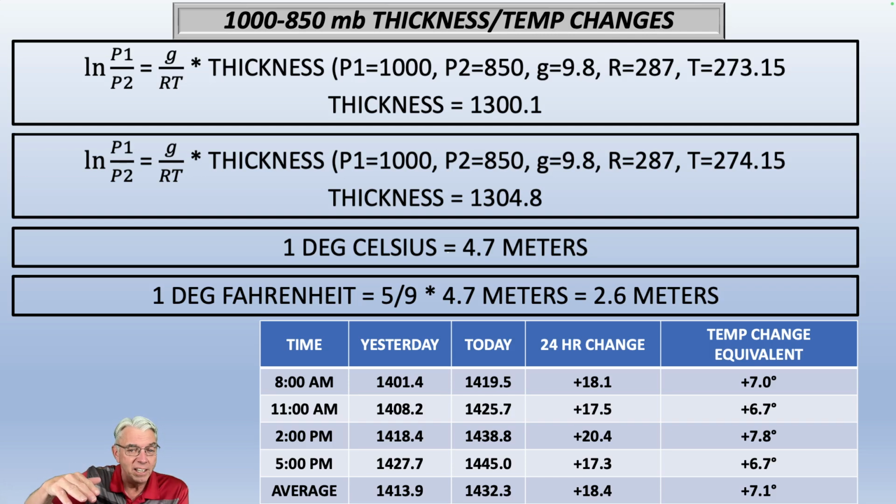So 1,850 is not a great tool because it's taking a look at part of the atmosphere that we're not concerned with. But in the summertime, when you usually are mixed over a much deeper layer, this works really, really well. So I couldn't, to be honest with you, understand why you wouldn't go for temperatures to get well above 100 with those kinds of thickness increases and associated temperature increases.